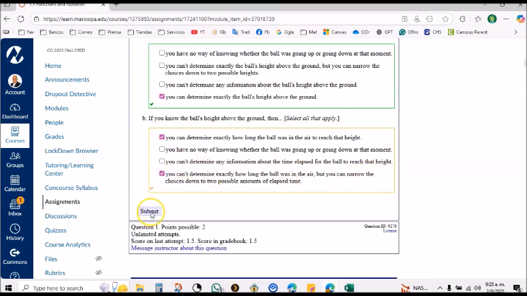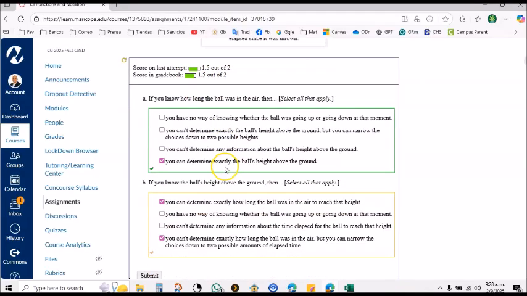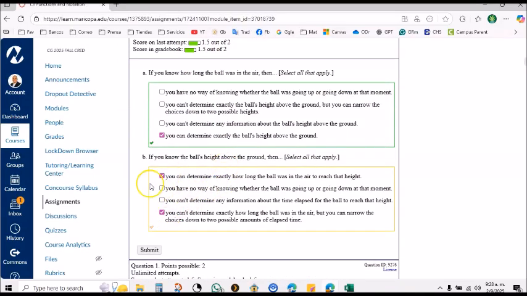Let me see. Submit. 1.5 out of 2, so that means something is wrong here. But I think that I have no way to know if the ball is going up and down, right? But I can't exactly determine how long the ball was there. Let me see. Wow, both of them are right.